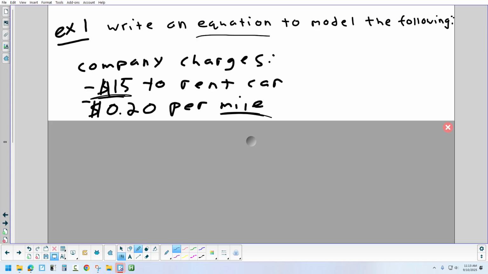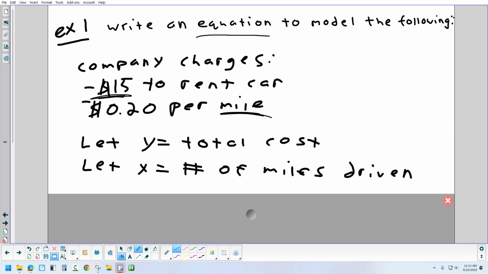But no, money is not going to be the X. It would be the 20 cents because total cost is determined by how many miles you drive in the end. So the X variable would be what? The amount of miles. Yes, X is going to be the number of miles that you drive.